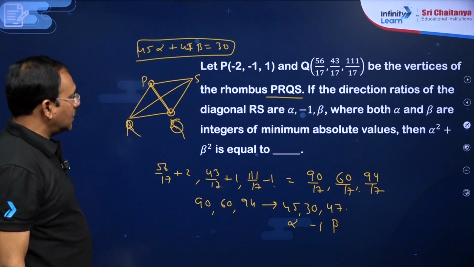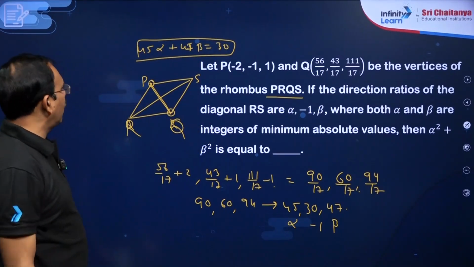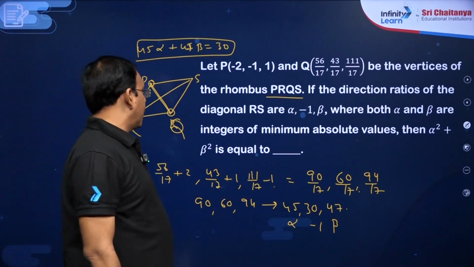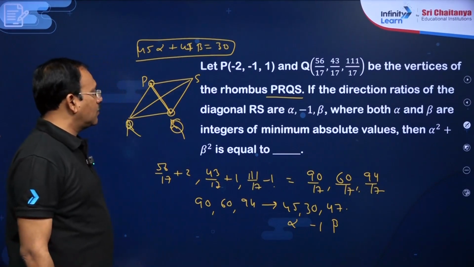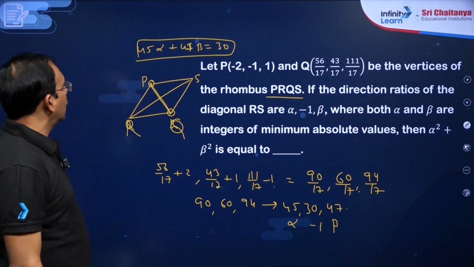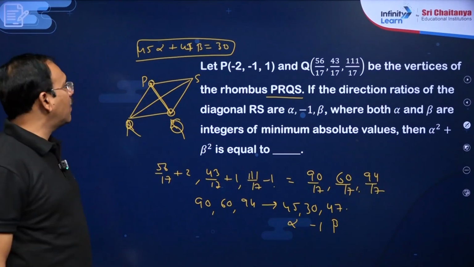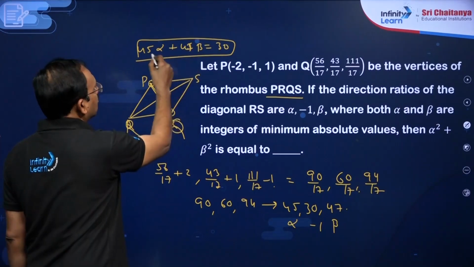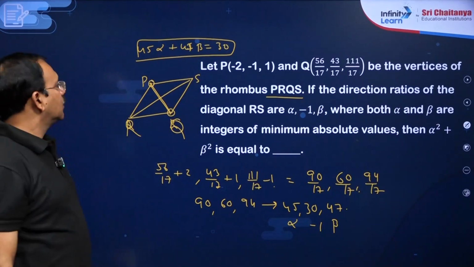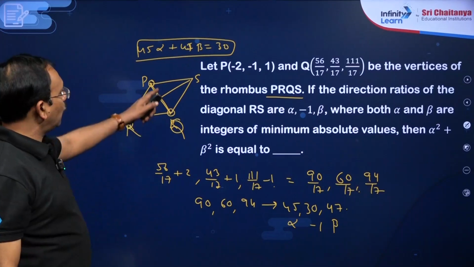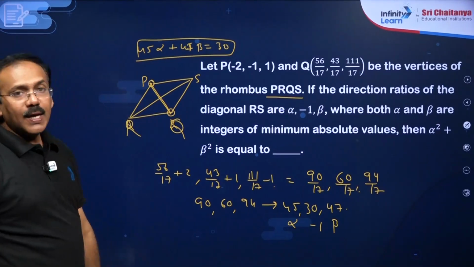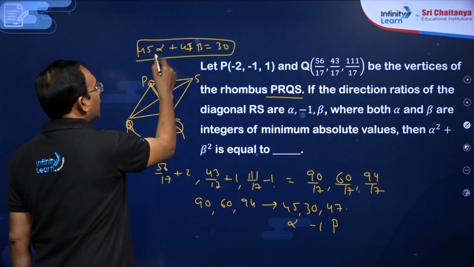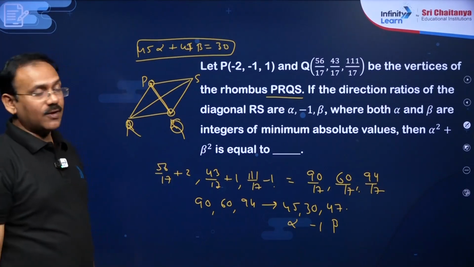Now he is asking: alpha and beta are integers. Then what about the minimum absolute value of alpha square plus beta square? You have to keep it as minimum as possible. Here the difference means you have to put the values a little on the higher side. Suppose you put 1 here and minus 1 there, 2 is the difference.